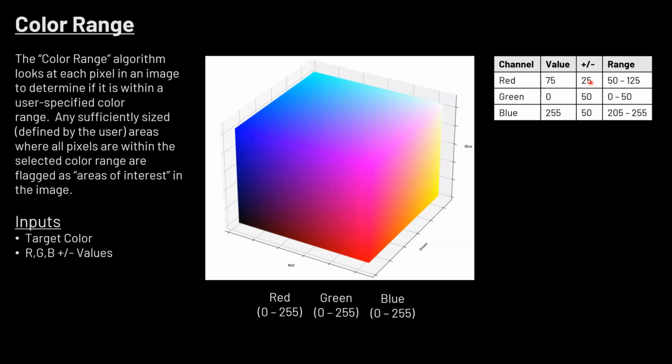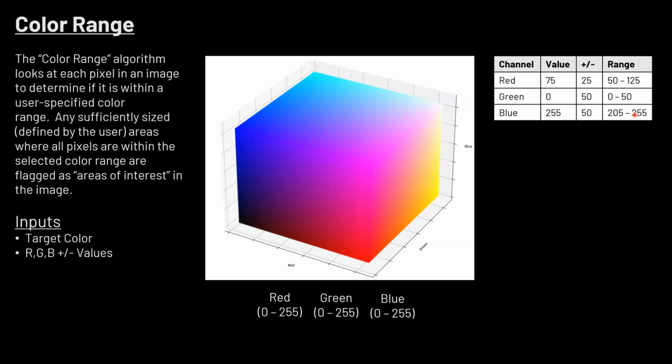For the red channel, we gave it a 25 plus or minus range, green 50, and blue 50. For red, we go from 50 to 125. In green, we can't go any lower than 0, so we can only go in the positive direction. So we go from 0 to 50. For blue, we can't go any higher than 255, so we go from 205 to 255.